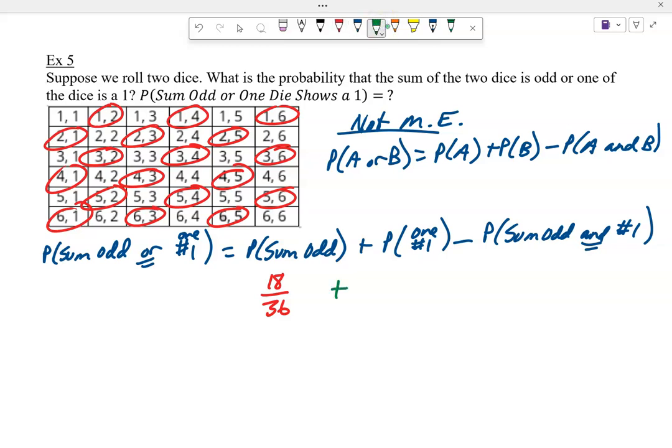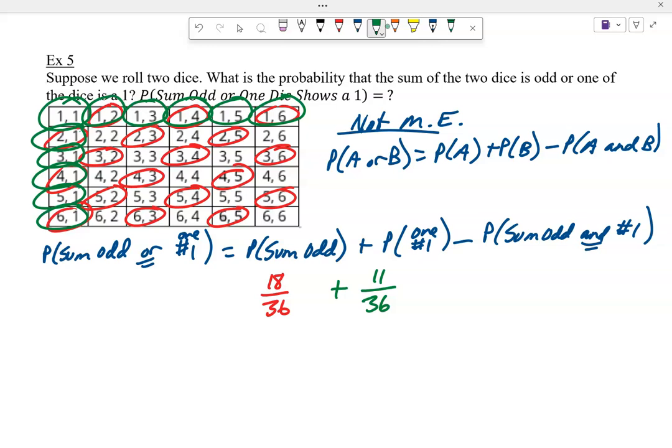Plus, how many of them have a number 1 in it? 1, 2, 3, 4, 5, 6, 7, 8, 9, 10, 11. 11 of them out of 36 have a number 1 in them. Now, what's the probability of pulling one that they sum up to odd and one of the numbers is a 1?